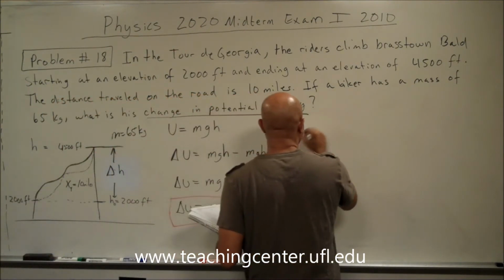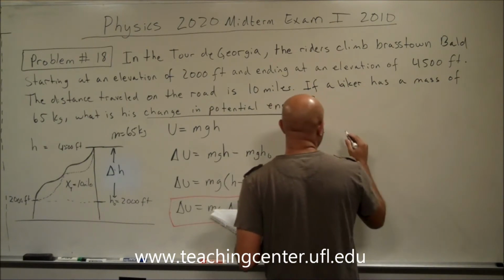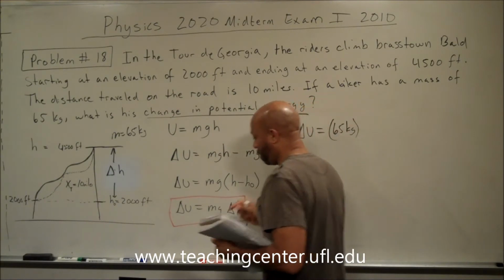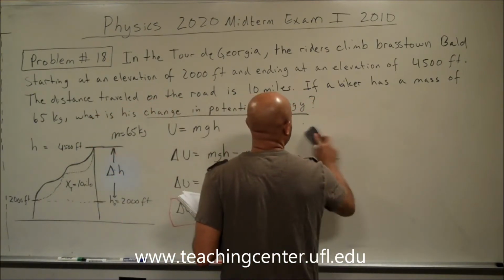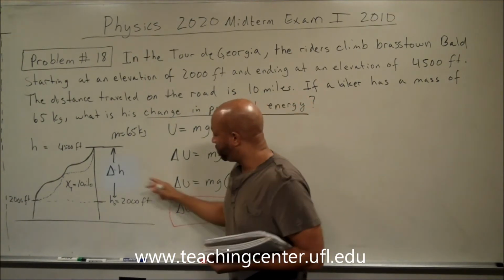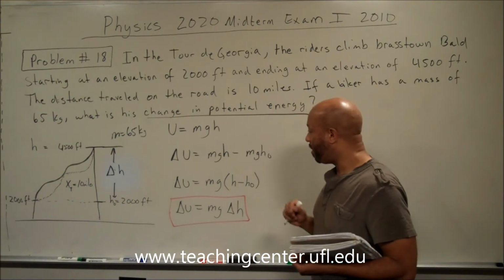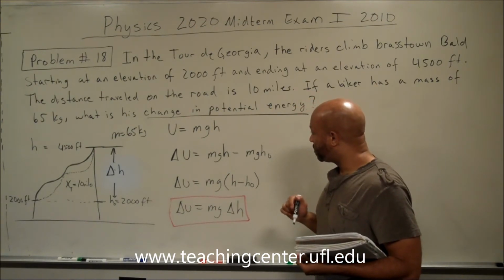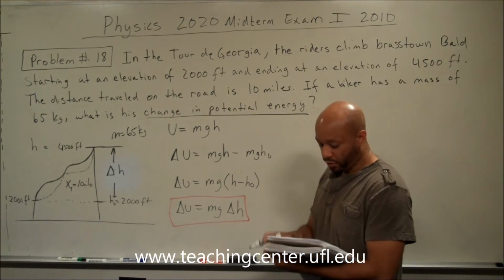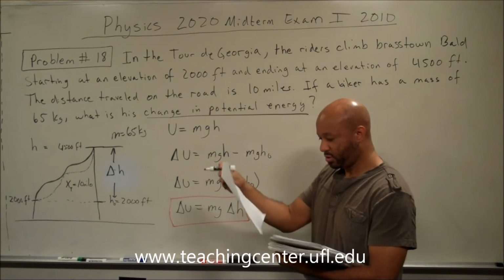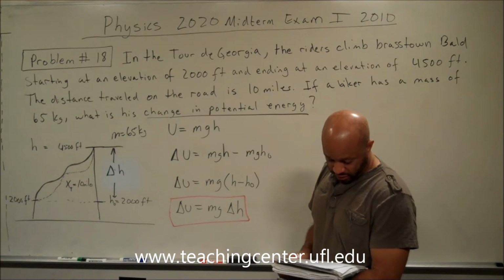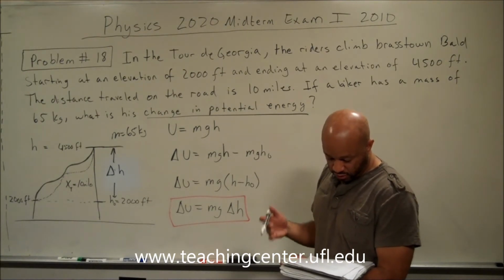So delta U, the change in potential energy, is going to be your mass, which is 65 kilograms. Oh, almost forgot. Before we do that, we've got to do some unit conversions. Why? Because if you look at the answers for this problem, they are given in joules, megajoules, joules, and watts.